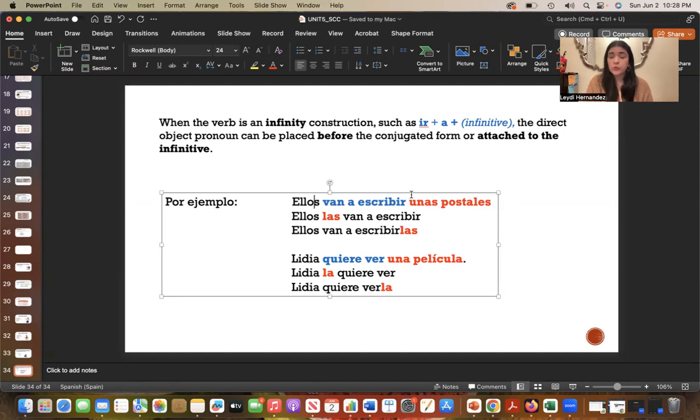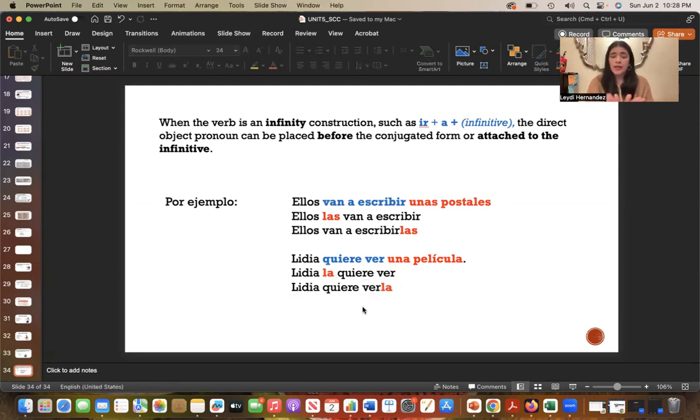We are replacing unas postales with las because postales is feminine and we have more than one. So we place it right before the conjugated verb: ellos las van a escribir. And we have the option to just attach it at the end of the second verb: ellos van a escribirlas. Now with una película, which is singular feminine, we use la before the verb, or verla attached to the second verb.